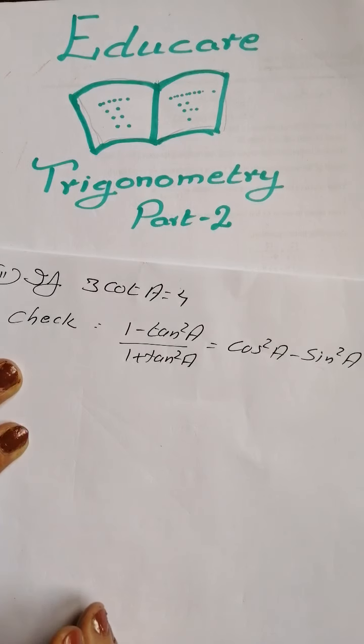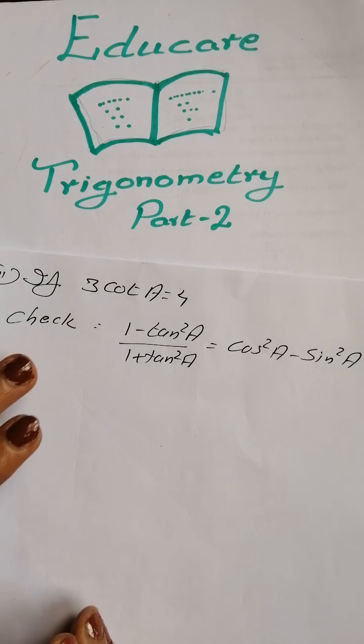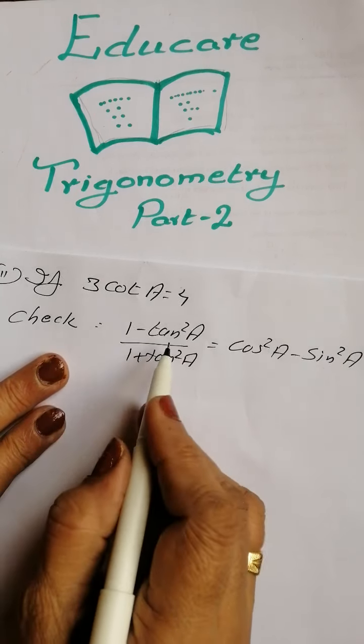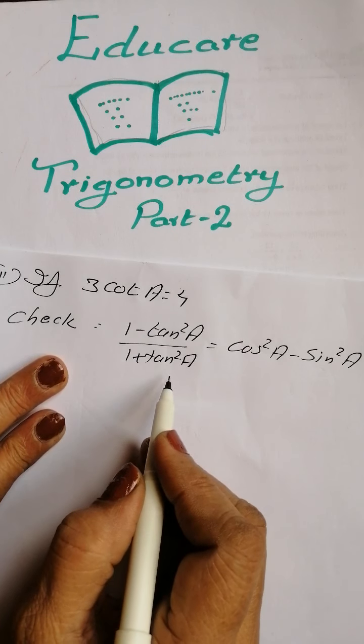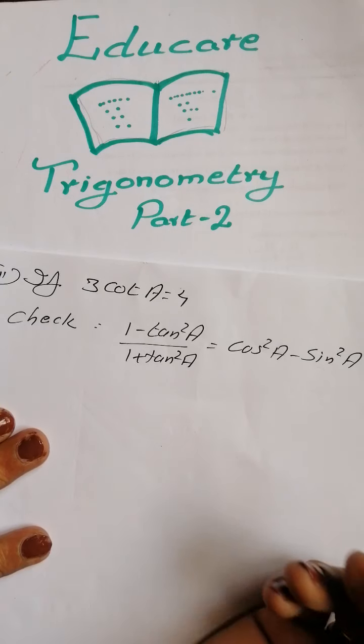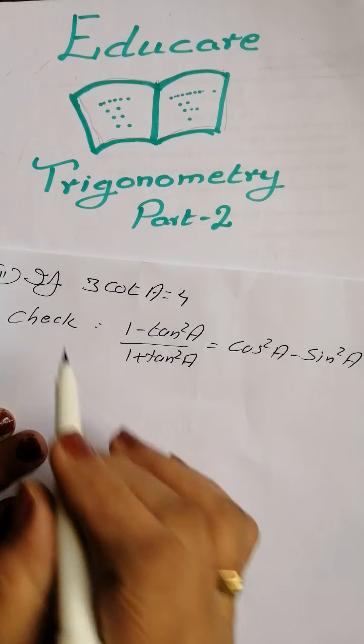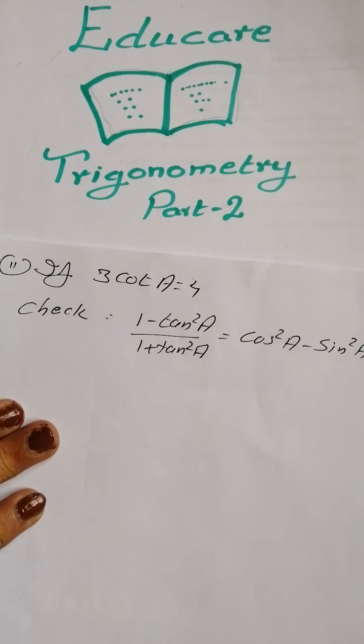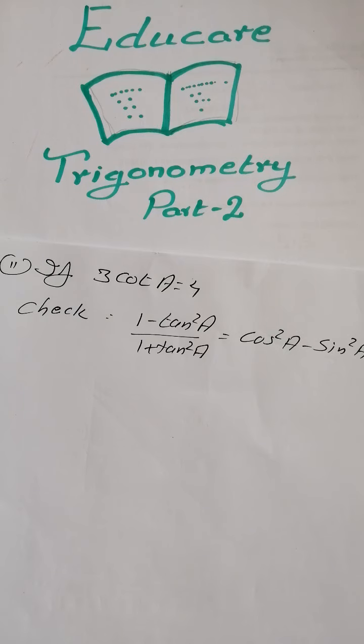Check whether or not. Got it? So what they have given? They have given 3 cot A is equal to 4.